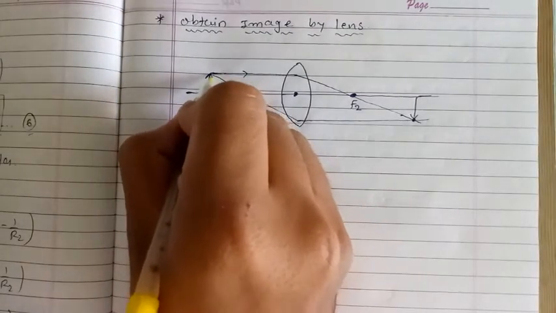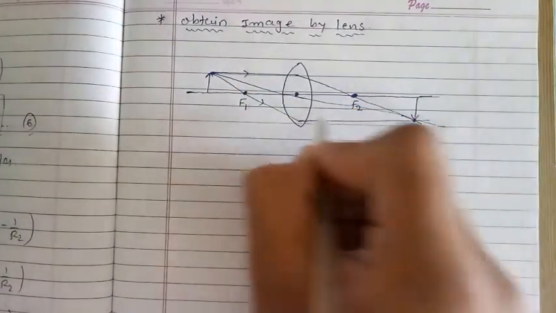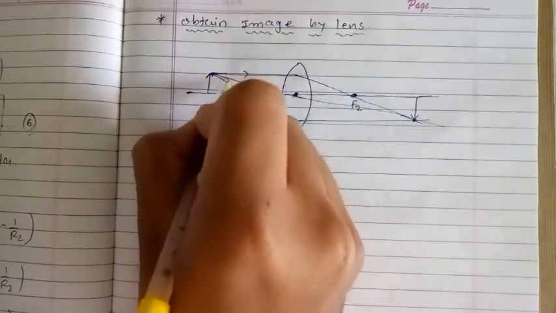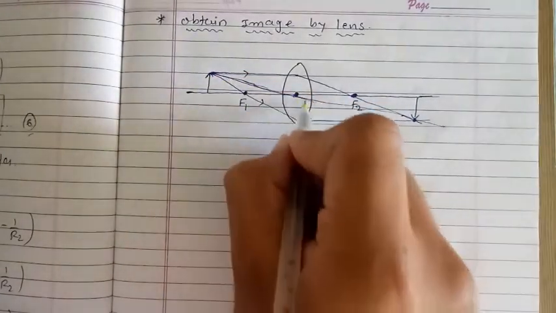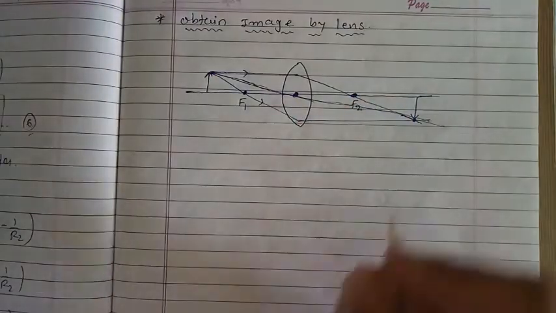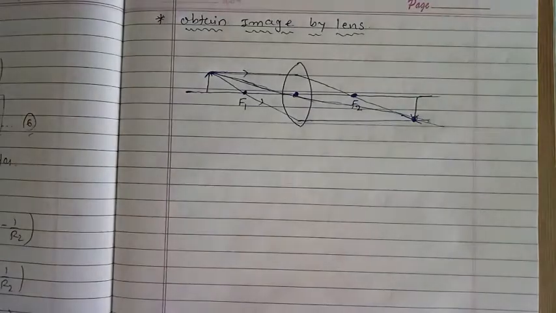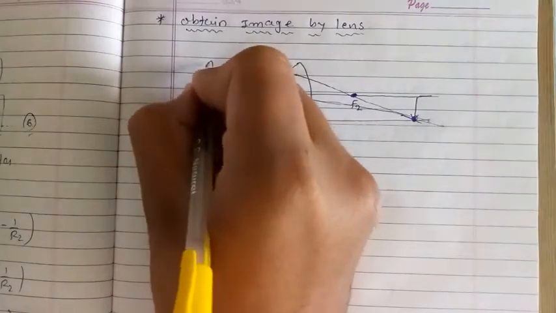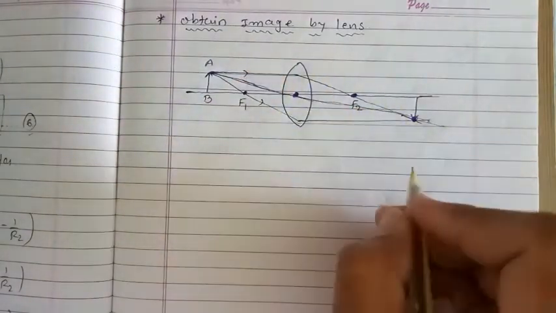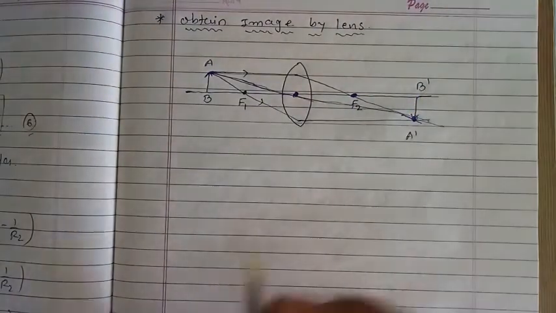So this ray passes like this. Here these rays meet at this point, so we get an image of the object. Suppose our object is AB, then the image is A dash B dash, right?